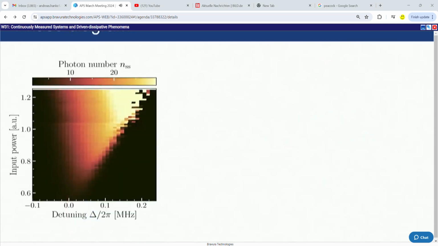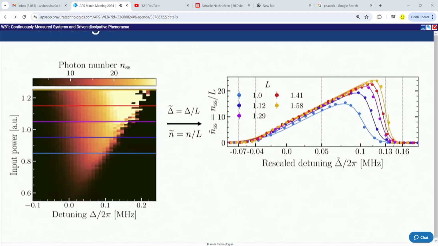The first measurement that we perform is to get the number of photons in the steady state as a function of the cavity-to-pump detuning and for different two-photon drive powers. From this, we took some cuts and applied a certain rescaling. This rescaling is simply dividing the detuning and the number of photons by a scaling parameter L, and the scaling parameter is nothing else than a multiplication factor on the pump amplitude.